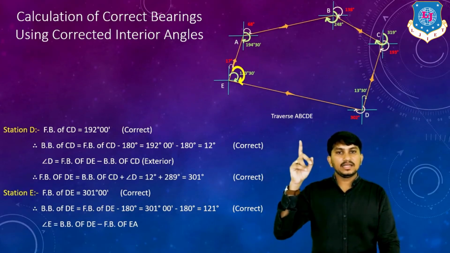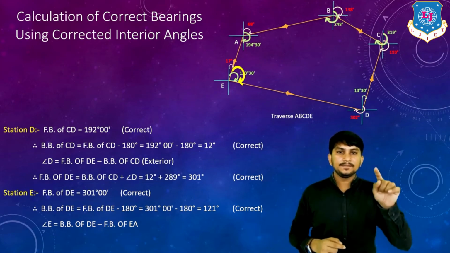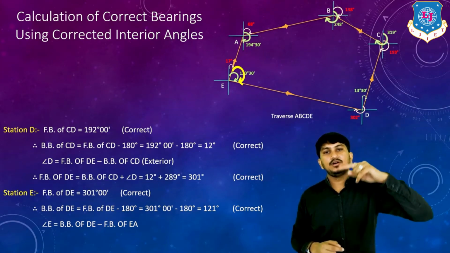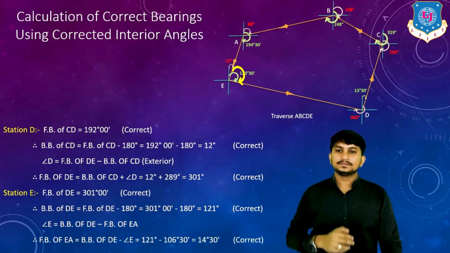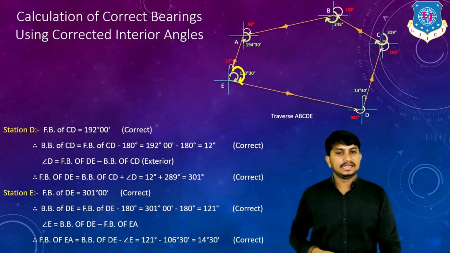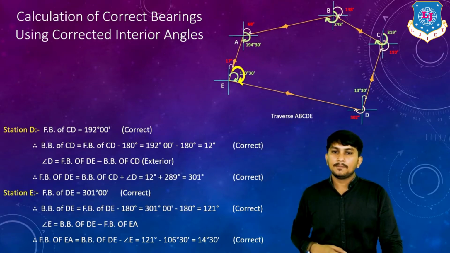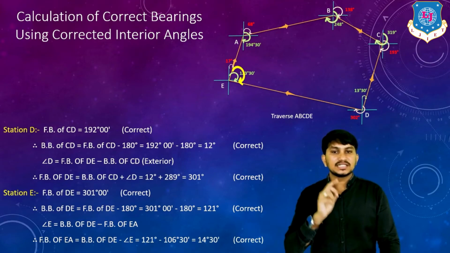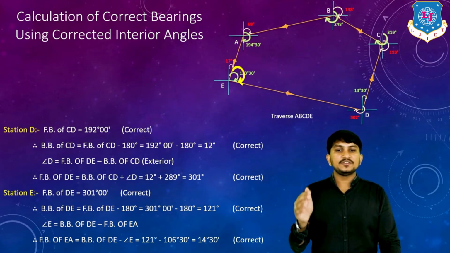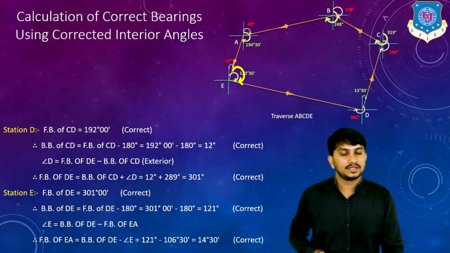Angle E is equal to BB of DE minus FB of EA. So FB of EA is equal to BB of DE minus angle E: 121 degree minus the corrected value of angle E, which is 106 degree 30 minute. So FB of EA is equal to 14 degree 30 minute.